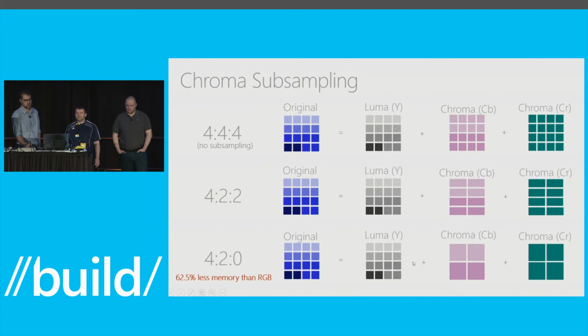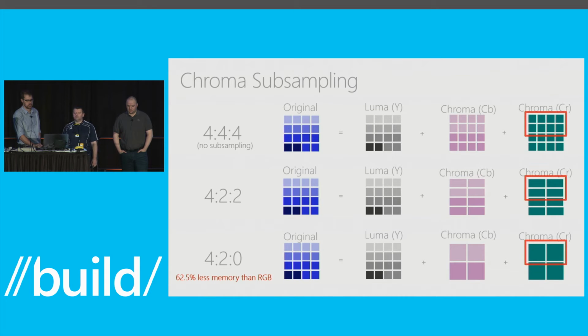Again, your eye is much more sensitive to the luma channel than to the other 2 chroma channels. So in this encoding, you save up to 62.5% memory on the GPU. And because we're not doing any conversion in IE11 between your YUV format and RGB format, there's a bunch of CPU time we get back.